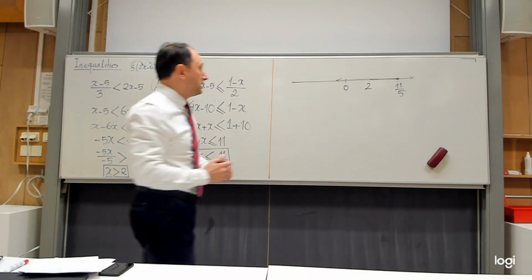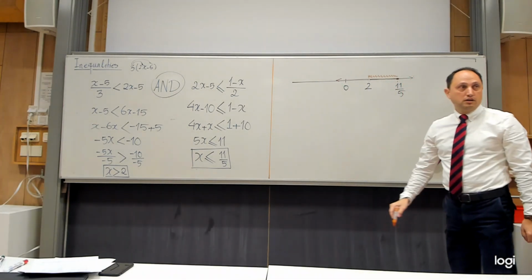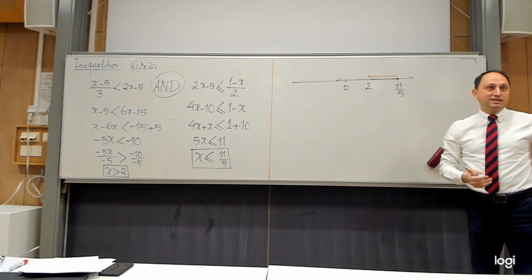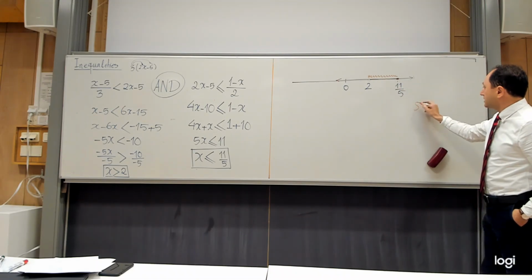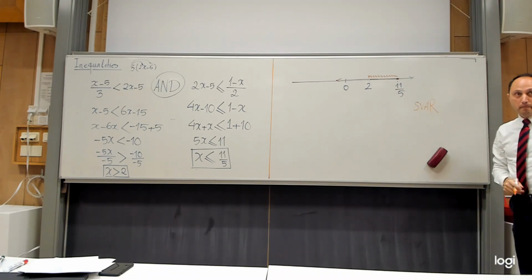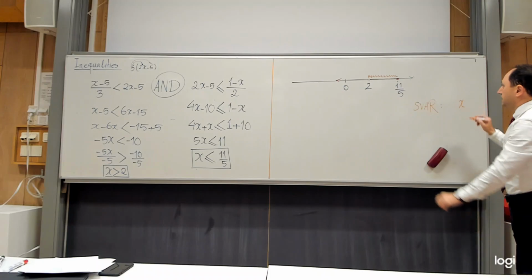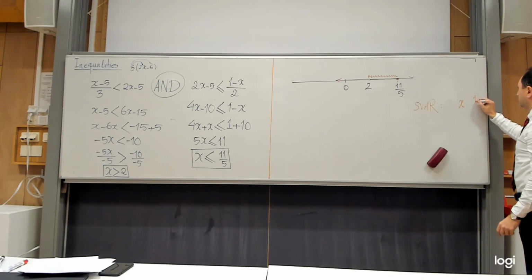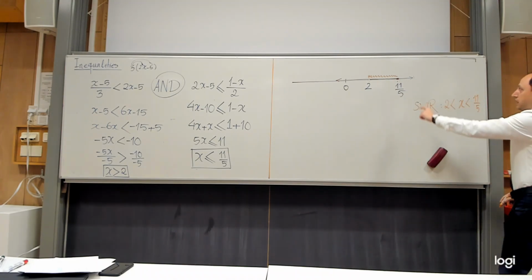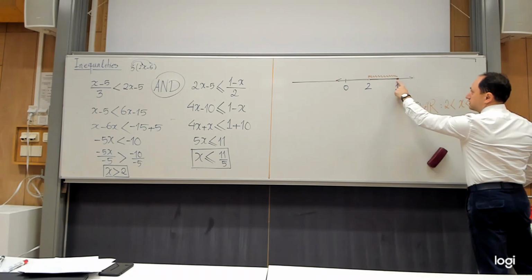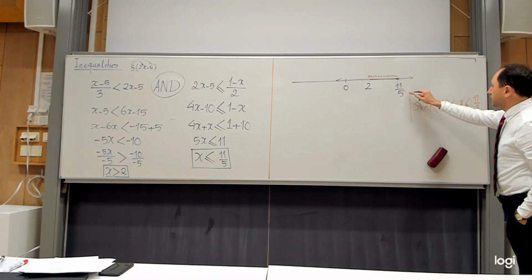Yes, you have to be somewhere here. Because that is the only thing that satisfies both of them simultaneously. So it means that the final answer for this problem is all x's between these two numbers. But 11 over 5 is included, 2 is excluded. So I have to put equality here. So this is the final answer.